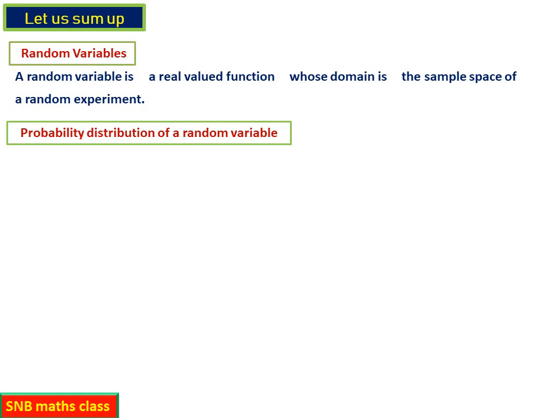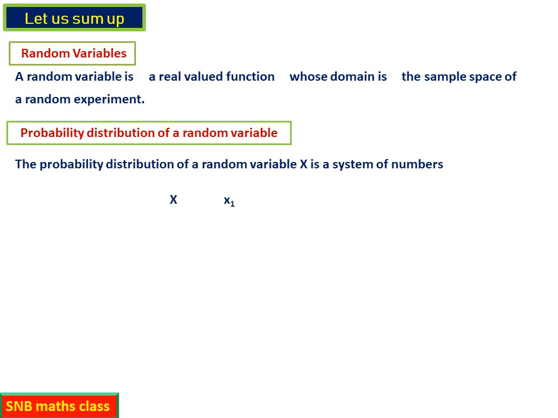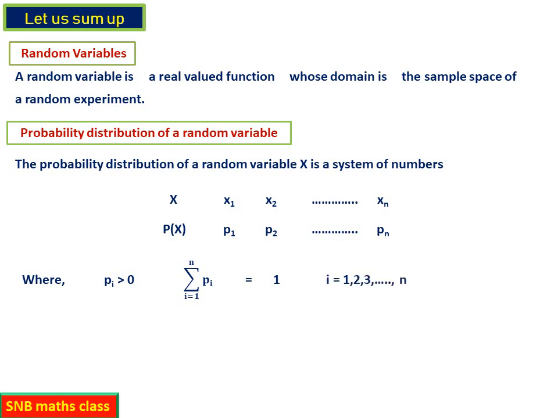Second, probability distribution of a random variable. The probability distribution of a random variable x is a system of numbers x1, x2, x3, etc., xn, and the corresponding probabilities p1, p2, etc., pn, where pi is more than 0 and the sum of pi is 1, with i from 1 to n.